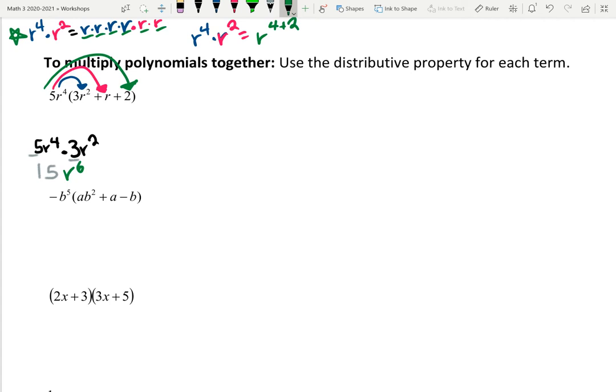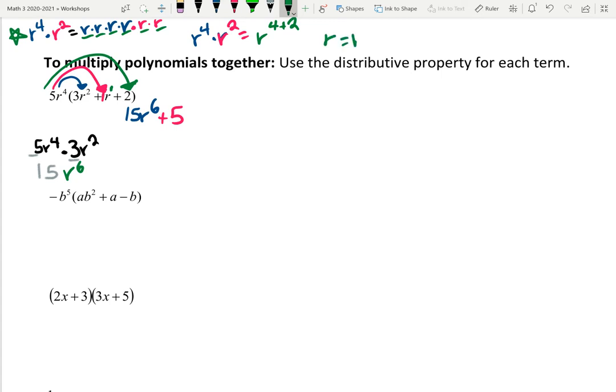Okay, so let's multiply this out. I know that this first term is 15r to the 6. Now I'm going to do 5 times 1. There's always an invisible coefficient, so it's going to be positive 5. Notice how I wrote the 5 down right away. Just like there's an invisible 1, when there's no exponent, it's just 1.